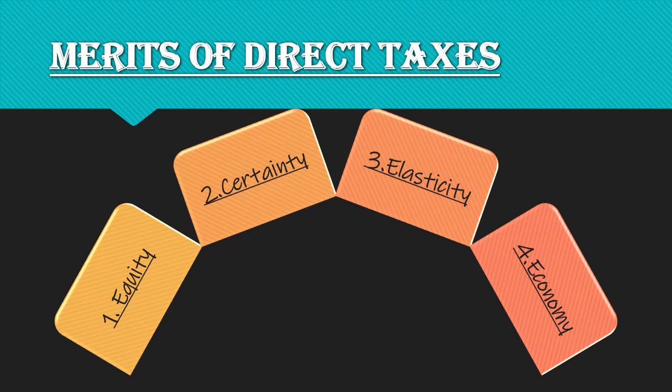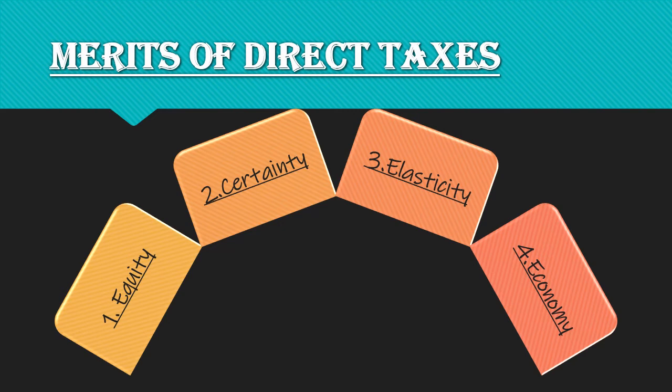I just showed you the income tax slab also, that if the person is earning in that particular income range, then he has to pay that particular rate to the government. So it is very obvious that the person knows how much he has to pay and when he has to pay. Obviously, the government allows them a certain time period to file their income tax return to the government. It's a kind of merit of direct tax.